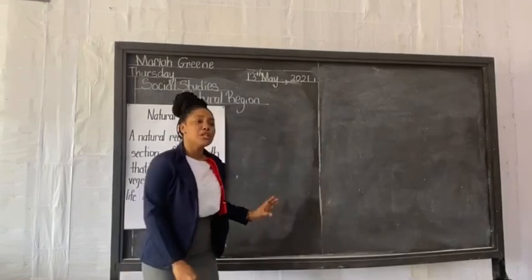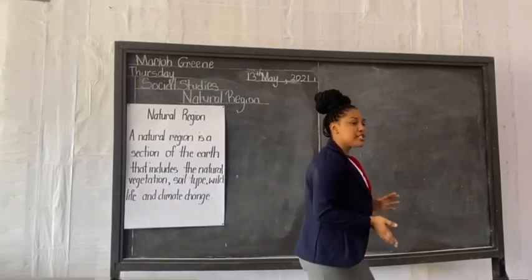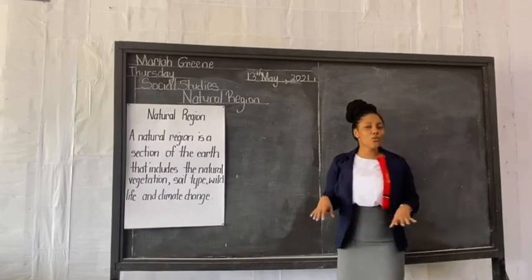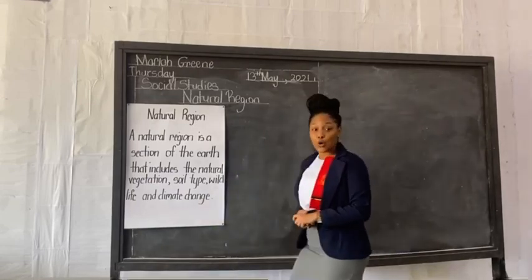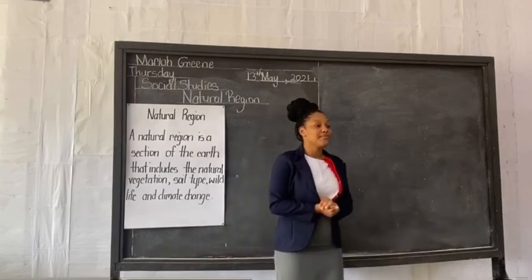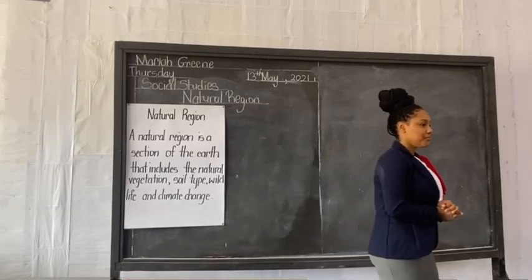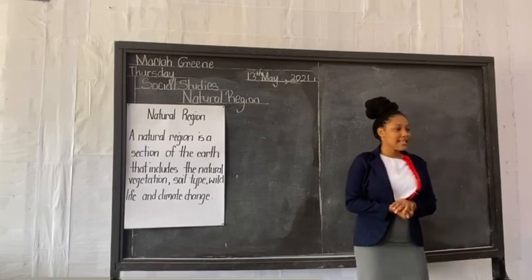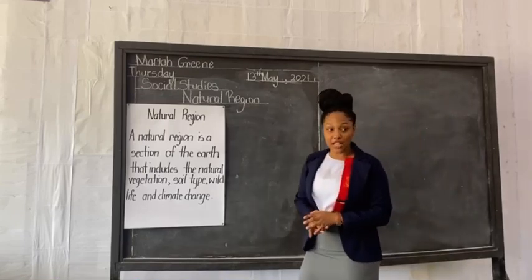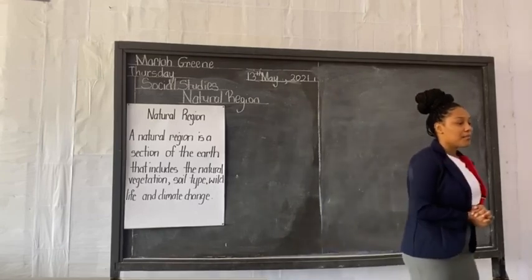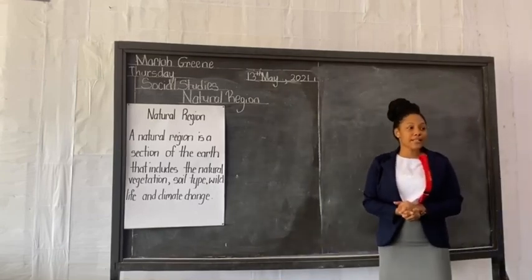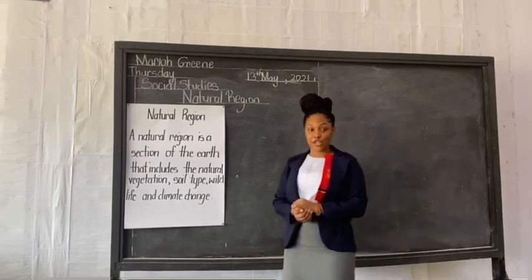So now that we know that there are 4 natural regions found in Guyana, can anyone tell me what the 4 natural regions are? Mariah is saying the low coastal plain. Okay. Anyone else? Marlon is saying the interior savanna. Good job. Anyone else? Jacob is saying the highland region.